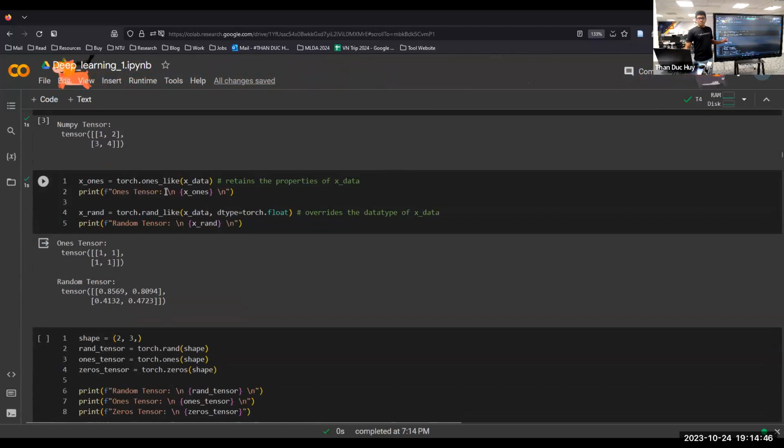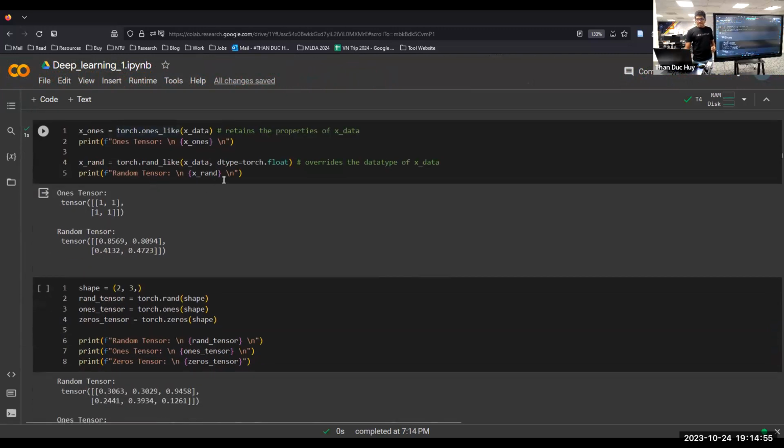The first one, we'll make a tensor with the same shape, but all of the numbers will be 1. The next one, we'll put in random floating point numbers. As you can see, it says torch.float.